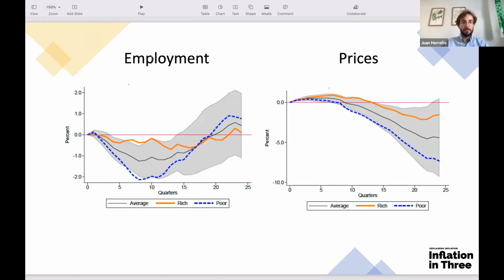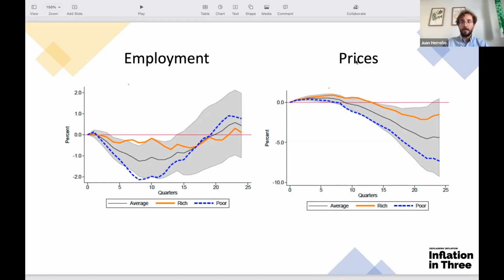So here I'm showing you in the left panel the responses for employment after an increase in interest rates of 100 basis points. And on the right panel, I'm showing you the same responses, but for prices instead of employment. What you see here in black is the average response of the US as a whole in terms of employment counts. And what you see is that the peak employment responses in poorer areas in the US are twice as large as those in the average, and in the richer areas are very negligible.